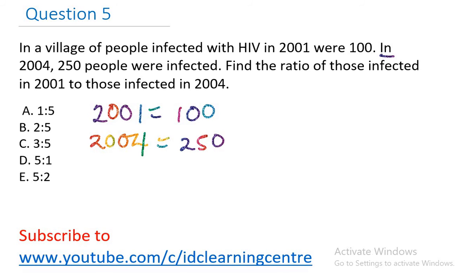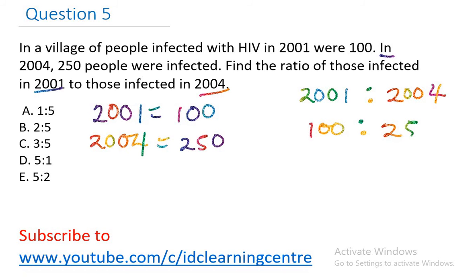Find the ratio of those infected in 2001 to those infected in 2004. So that would be like 2001 ratio 2004. For 2001, there are 100. 100 ratio 2004, which is 250.